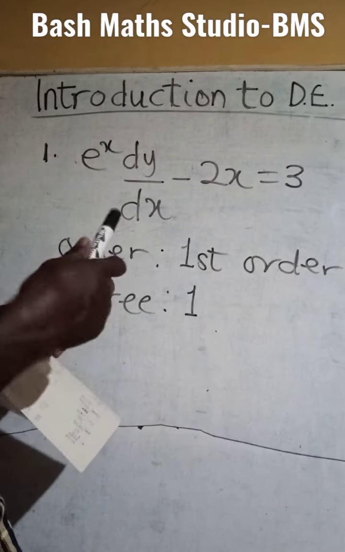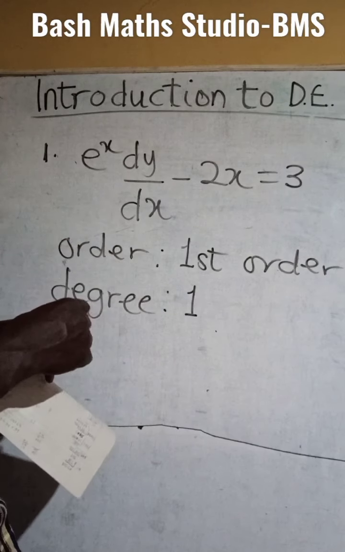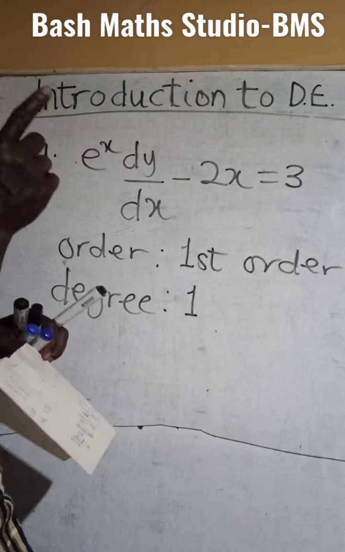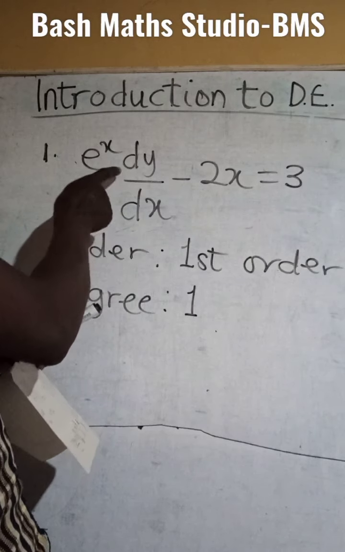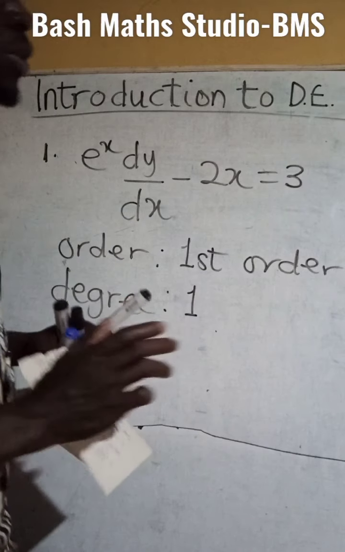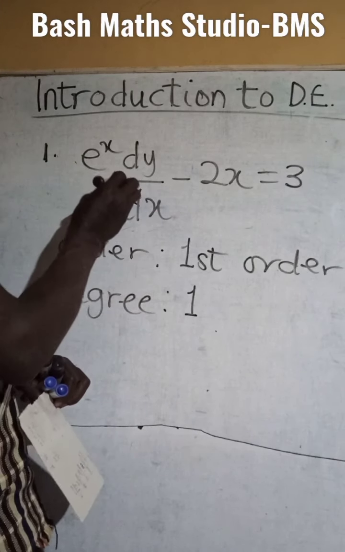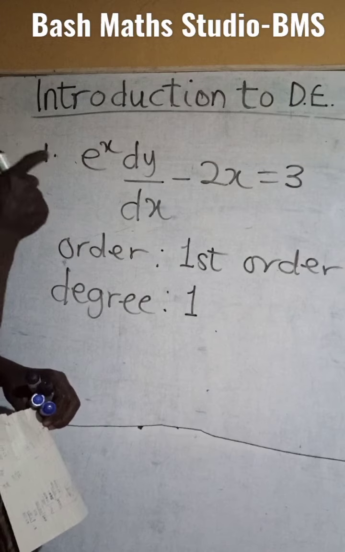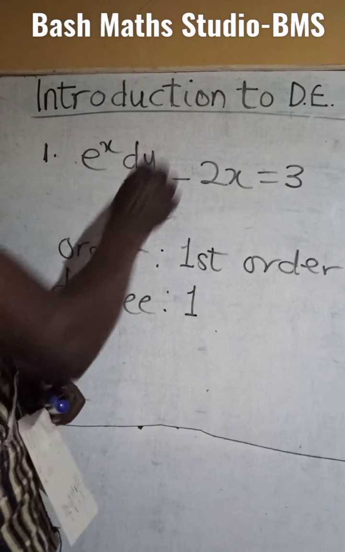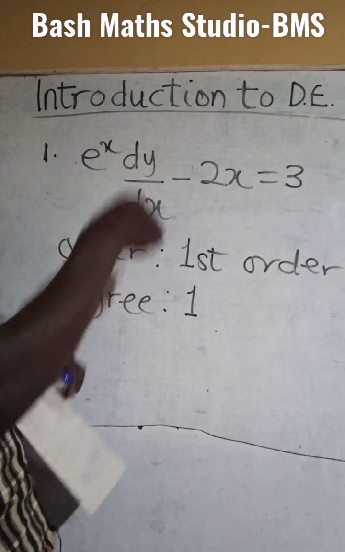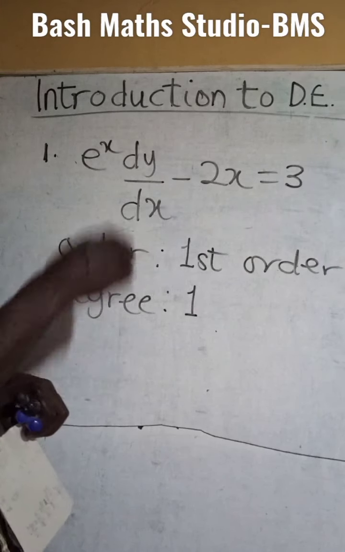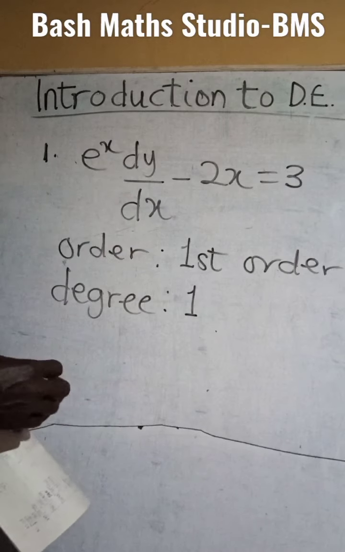If we talk about the degree of a differential equation, we mean the exponent or the power of the highest derivative of the differential equation. So here the highest derivative, as we talked about in the order, is dy dx, and its exponent is what? 1. It's of power 1, and therefore we say that this one is of degree 1, is of first degree.